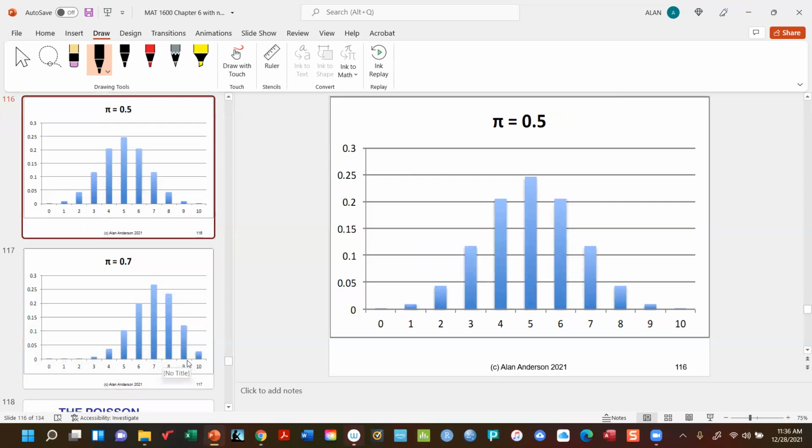Aha, now that changes everything, doesn't it? Because now the most common outcome is the 5. But if you notice, the 4 and the 6 are equally likely. The 3 and the 7 are equally likely. The 2 and the 8 are equally likely. The 1 and the 9. So what we have here is symmetry.